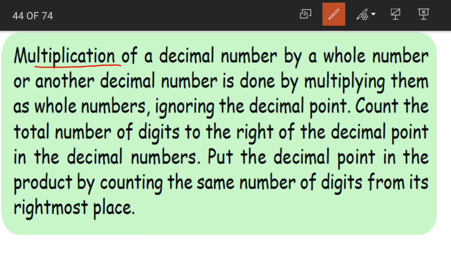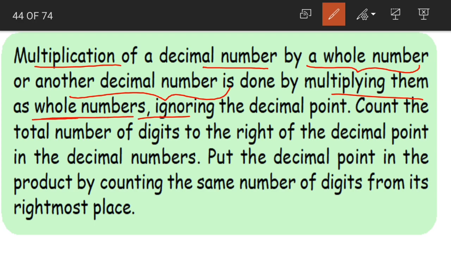While multiplying a decimal number by one whole number or another decimal number, what is the first step? We multiply them as whole numbers, ignoring the decimal point. Yes, we just do not consider the decimal point. Removing the decimal point, we multiply them both as whole numbers, and after we get our product, we count the number of digits to the right of the decimal point.